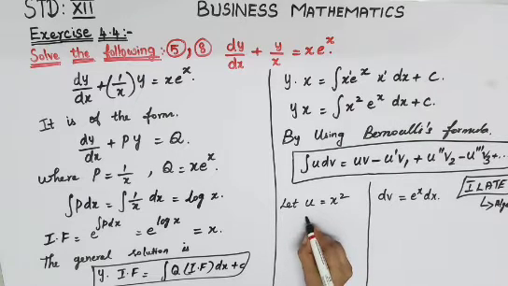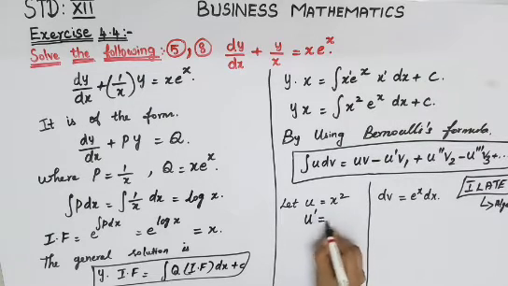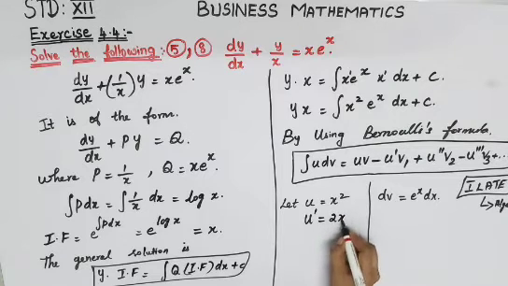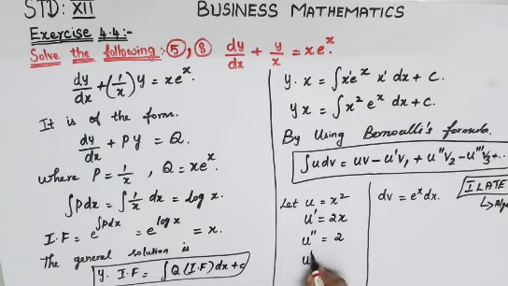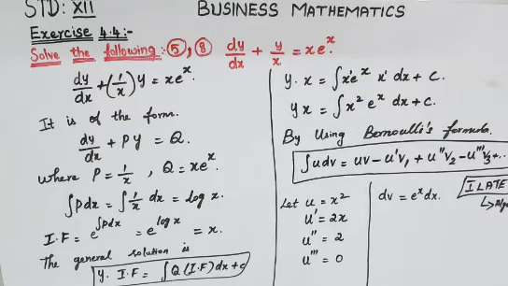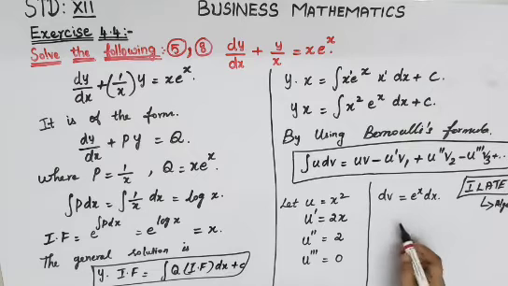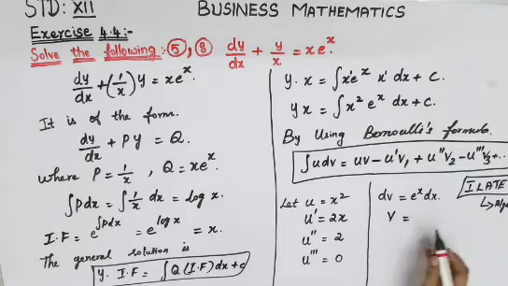We'll go for the differential. u dash is equal to 2x. Next, u double dash is equal to 2. u triple dash is equal to 0. Till you get 0, you will have to proceed. Once you get 0, you can stop there. Now coming to this side for the integral, when you integrate dv it becomes v, that is equal to e power x, which on integrating is e power x itself.